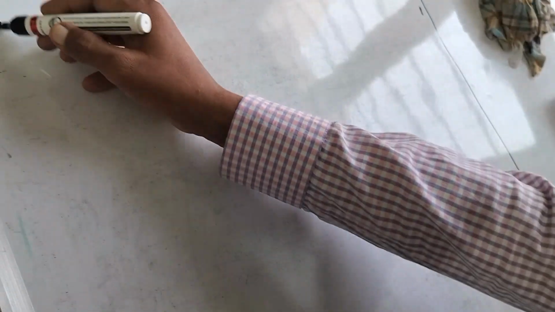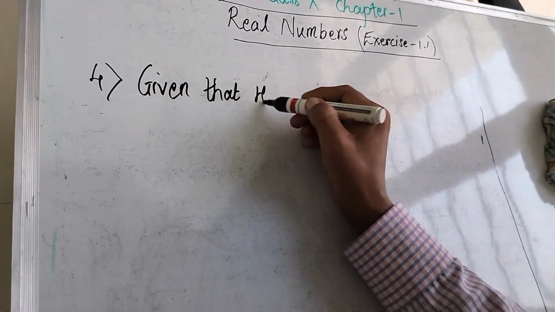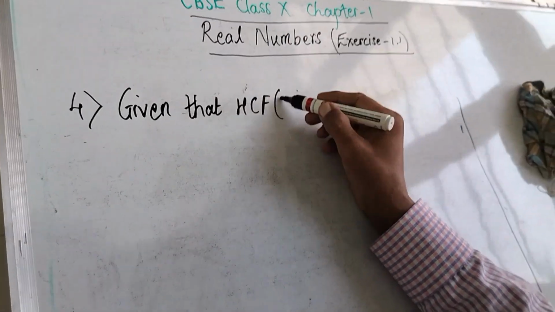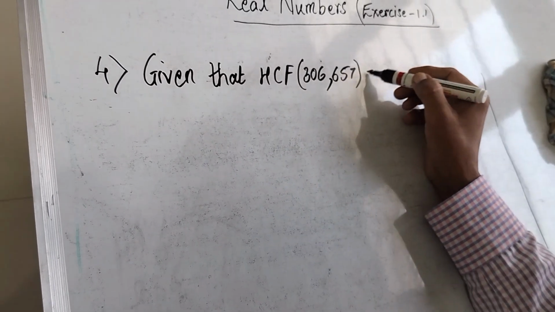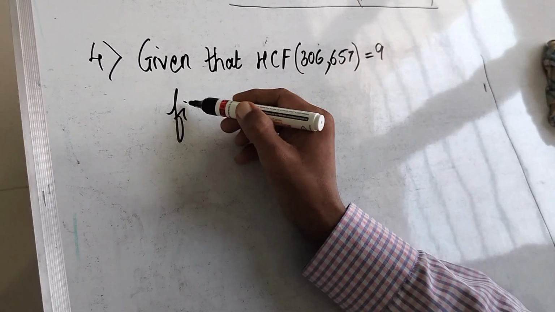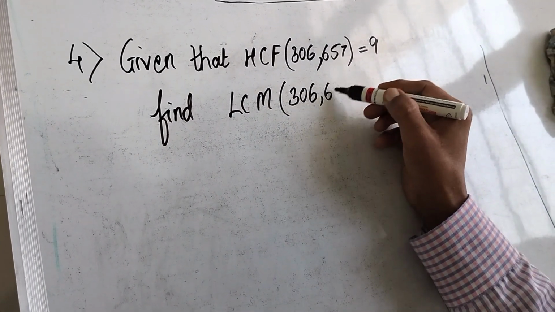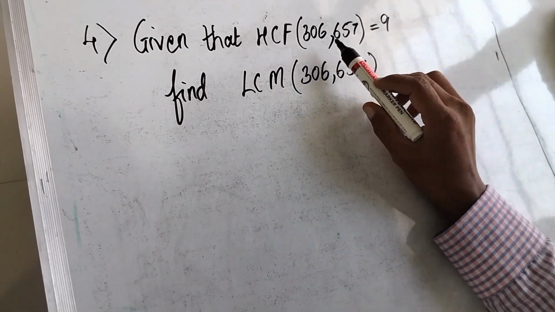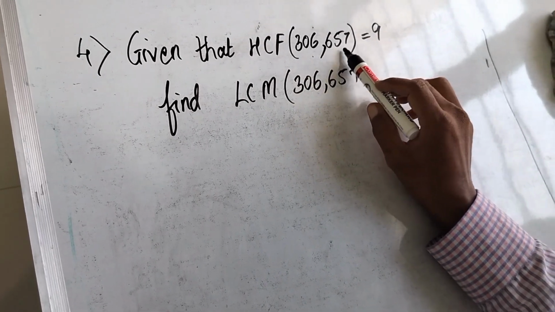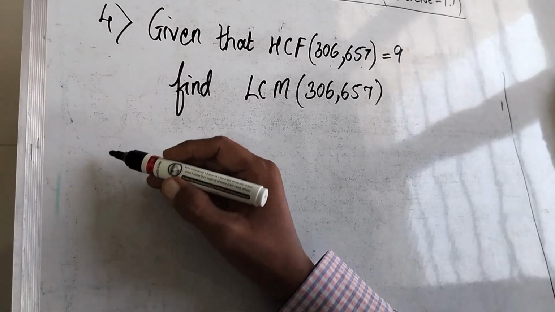So here, given that the HCF of two numbers, 306 and 657, is 9, we have to find the LCM of 306 and 657. So you know the two numbers: the integers 306 and 657.